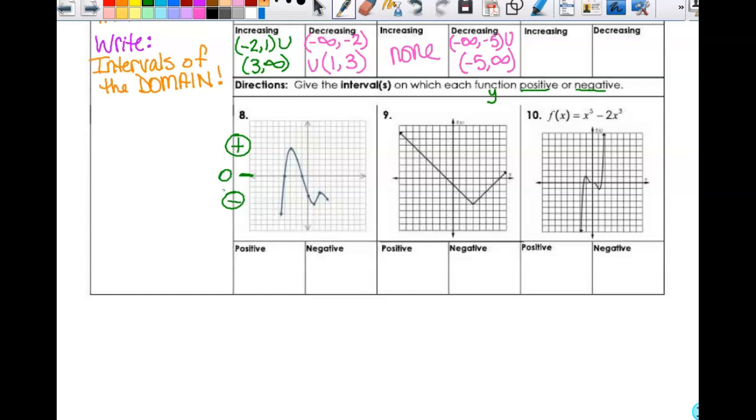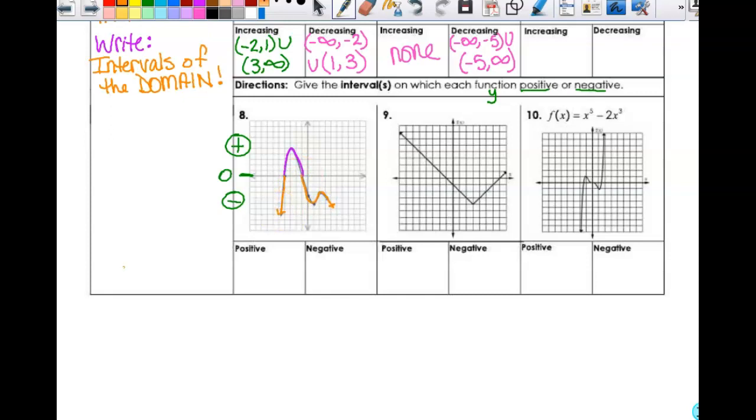So this will be open as well, but for a different reason. I'm not going to include where it changes because that's at 0, and 0 is not positive or negative. So if I look at from here to here, my graph is positive. Here and here, it's negative, right?